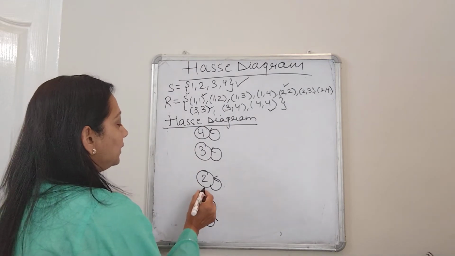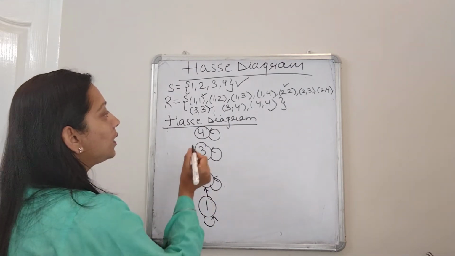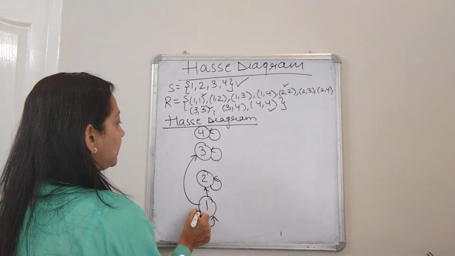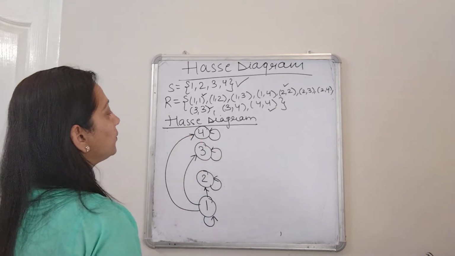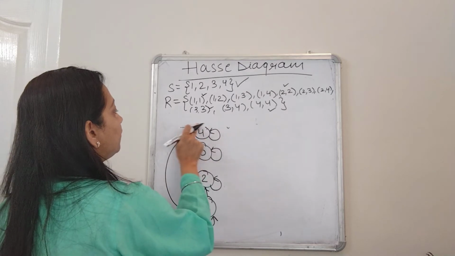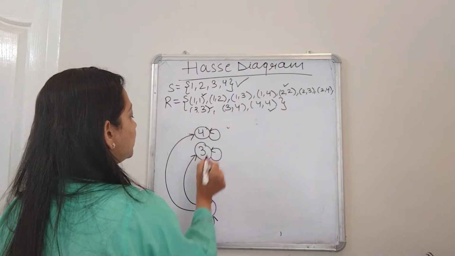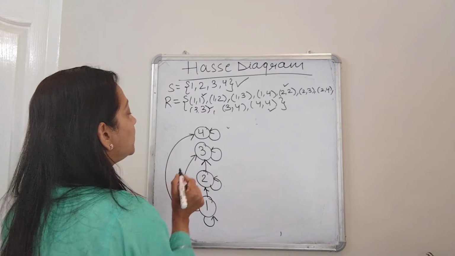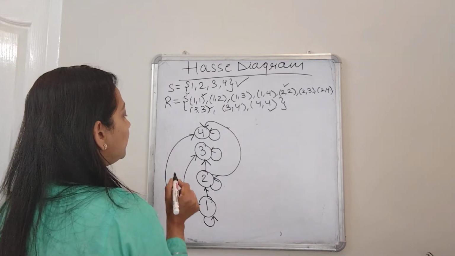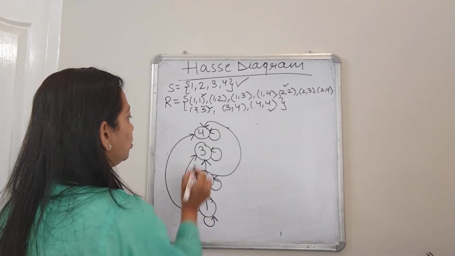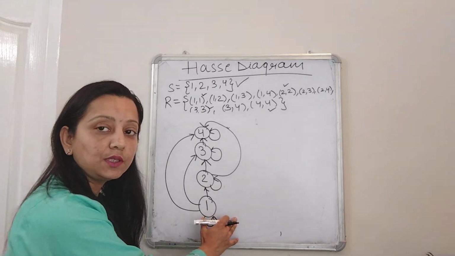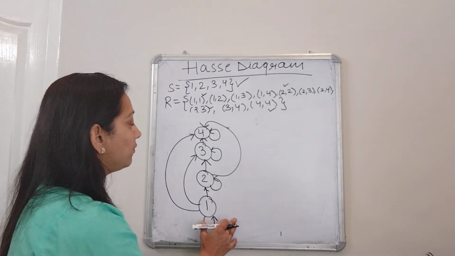And then I can see 1 is connected to 2, 1 is connected to 3, 1 is connected to 4, then 2 is connected to 3, then 2 is connected to 4, 3 is connected to 4, and obviously 4 is connected to 4. So this is the final representation of this relation as a graph.